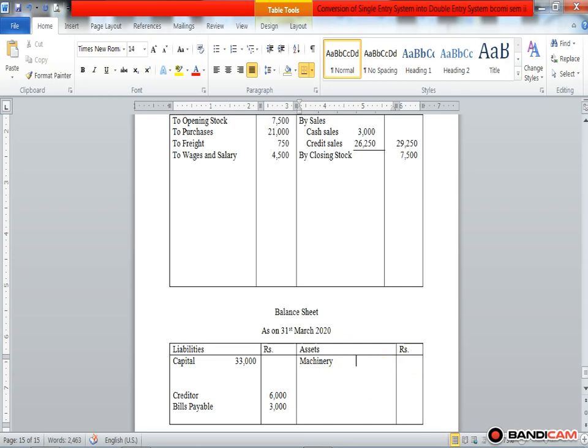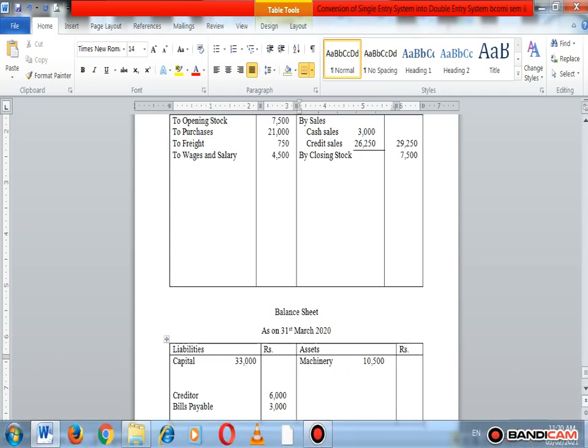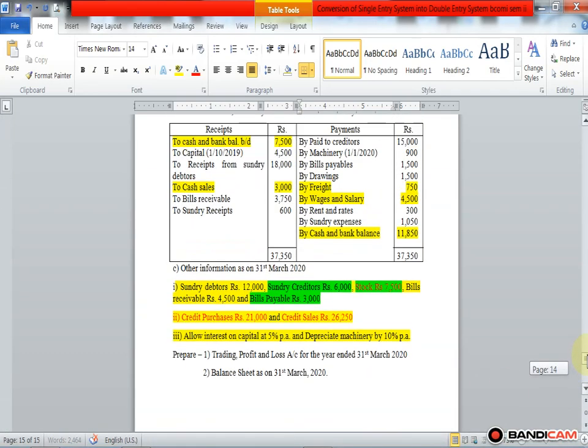But here some adjustment is given on machinery, so write down the amount of machinery in the inner column, because we purchased additional machinery on 1st January 2020. So adjustment is given, and we write the amount in the inner column.